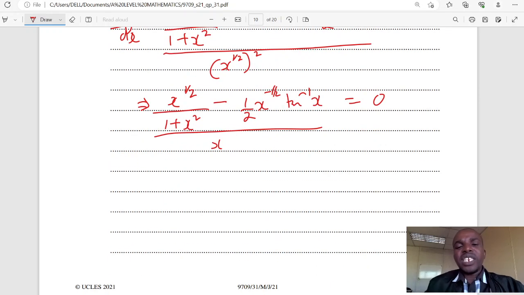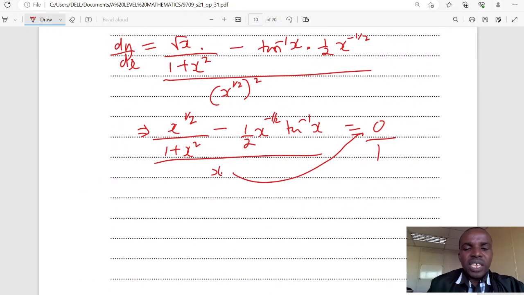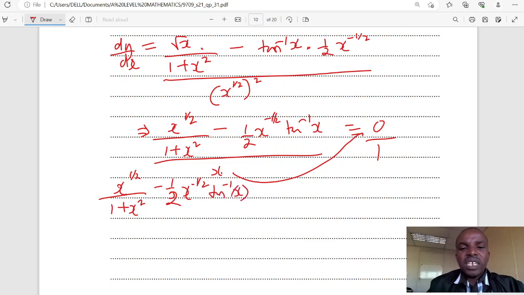Then after that, you can just cross multiply x and 0. x times 0 gives you 0. So the expression you will be left with is x to the power half over 1 plus x squared, then minus 1 over 2 x to the power minus half arctan of x, is equal to 0.